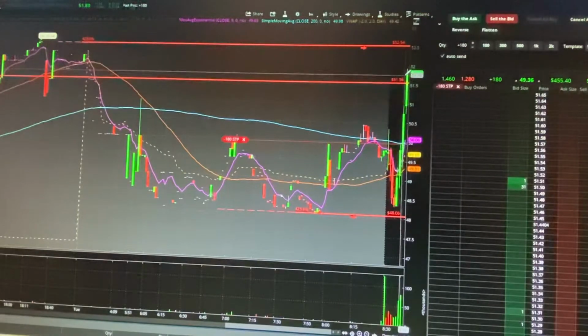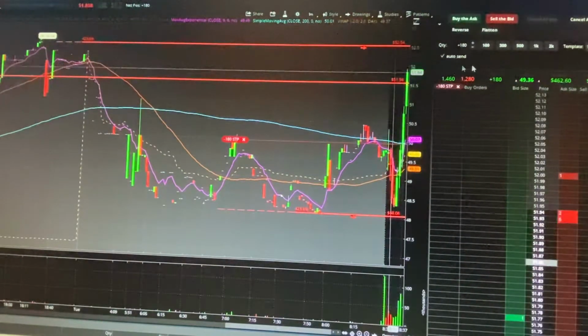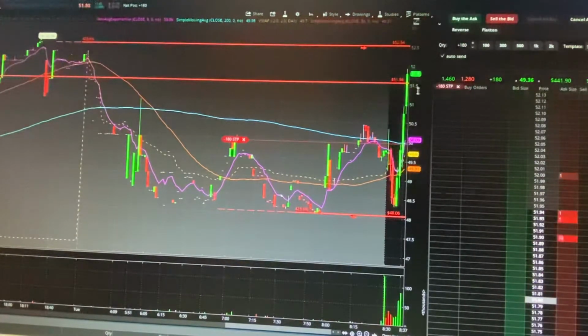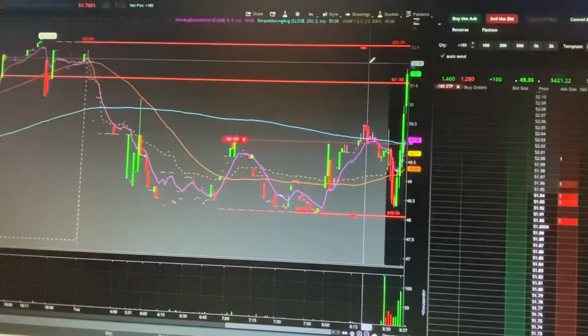Okay, broke through. I'm gonna watch it now and see if I see red going through. Look, I'm at 462. If it can beat the pre-market high, that'd be awesome.